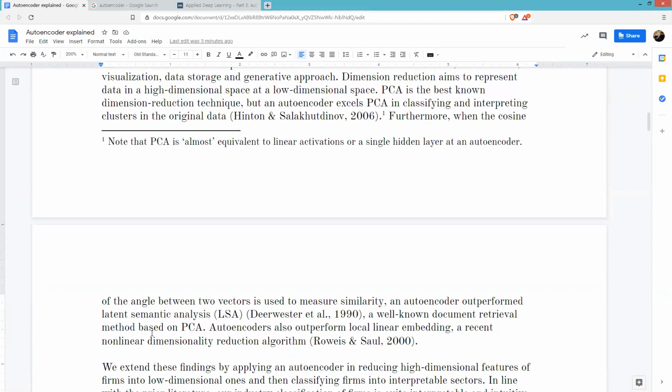When the cosine of the angle between two vectors is used to measure similarity, an autoencoder outperforms latent semantic analysis, LSA, a well-known document retrieval method based on PCA. Autoencoders also outperform local linear embedding, a nonlinear dimensional reduction algorithm.